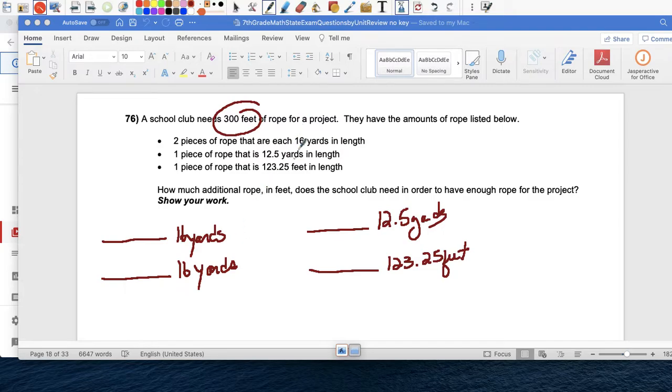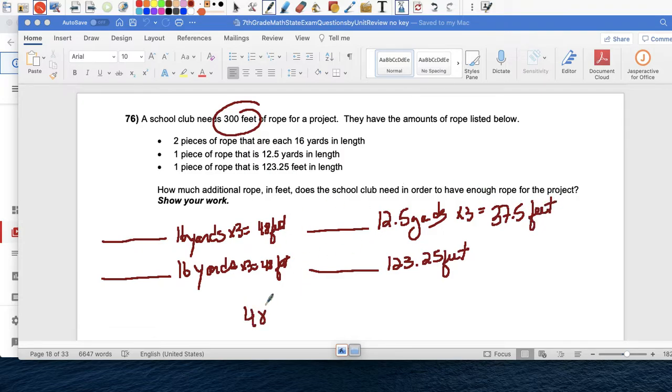1 yard is 3 feet. So I'm going to multiply this by 3. That means this is 48 feet. Multiply this by 3. That means it's 48 feet. Multiply this by 3. And let's see, 12.5 times 3 equals 37.5 feet. So now that I have everything in feet, I can add them up.